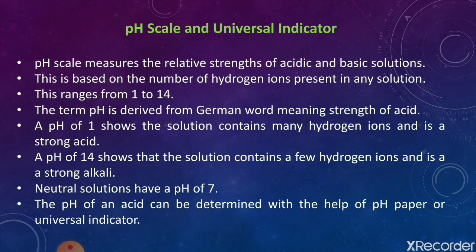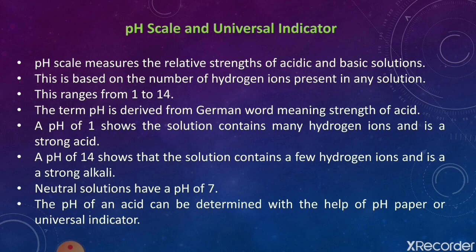So acids give H plus, means positively charged hydrogen ions, and bases give negatively charged hydroxide ions, that is OH minus ions. So a strong acid will have a pH of 1, means many hydrogen ions are present in the solution. It means the acid is very strong. We can say that if pH is 1, the acid is very strong.